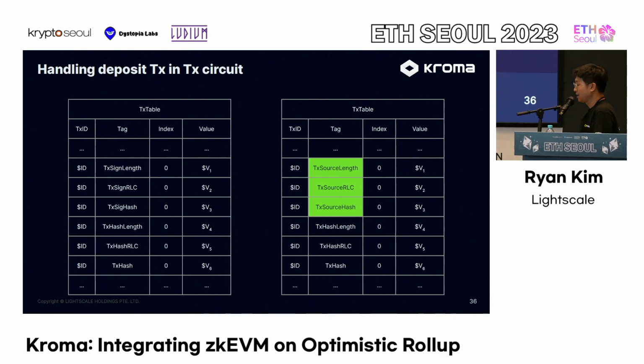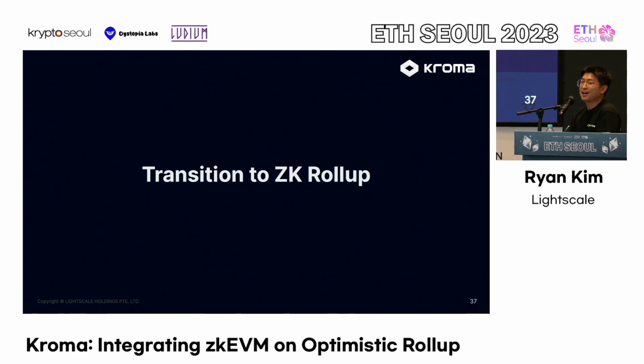And in the end, I'm going to talk about why we start our chain from optimistic rollup and how we are going to transition our chain to ZK rollup. We think that at this moment, proof generation cost and time is expensive and slow from a practical perspective, but we believe that ZK rollup is the future.